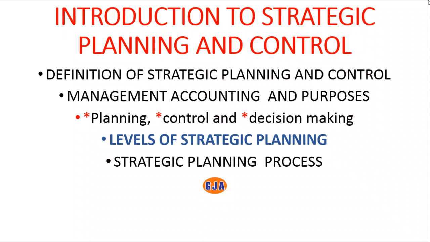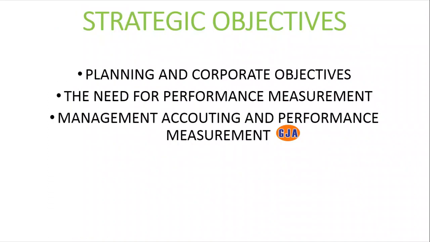Under the above mentioned, we'll be splitting it into the definition of strategic planning and controls, the usefulness and purposes of management accounting, that is planning, control, decision making, and levels of strategic planning. Then we'll look at the processes in strategic planning.